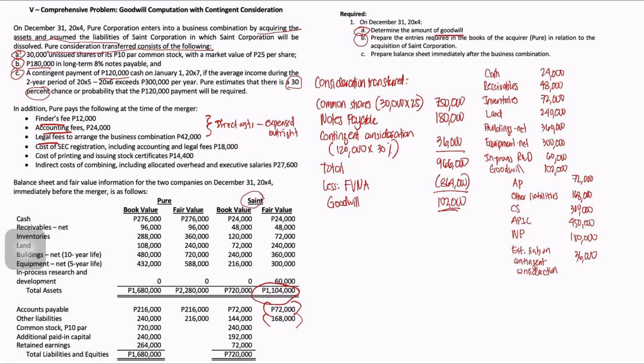Costs of SEC registration, including accounting and legal fees, and costs of printing and issuing stock certificates, these are share issuance costs, which are debited to APIC or share premium from issuance, but if APIC or share premium is not enough, the remainder is charged to retained earnings. Indirect costs are also expensed outright.